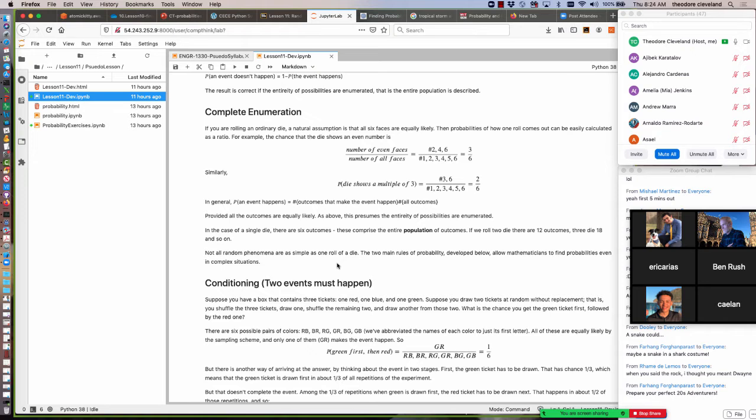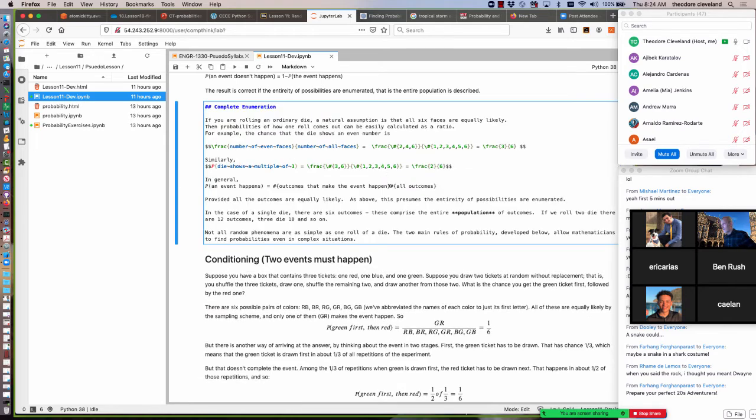So to generalize what these 2 examples are trying to illustrate, the probability that an event happens is equal to the number of outcomes that make the event happen, or define a successful event, over the total number of outcomes. That needs to be retypeset. I'm going to take advantage of that while I'm here.